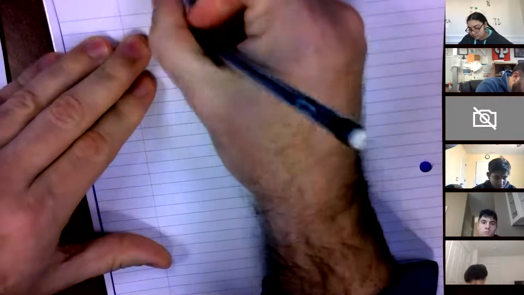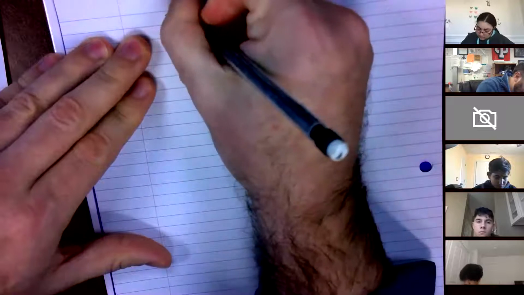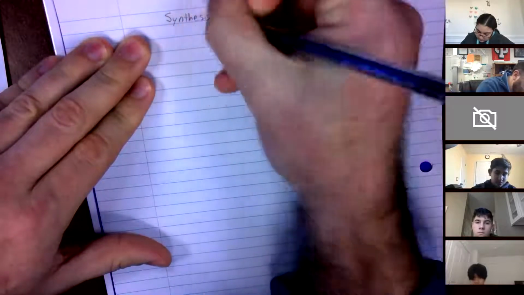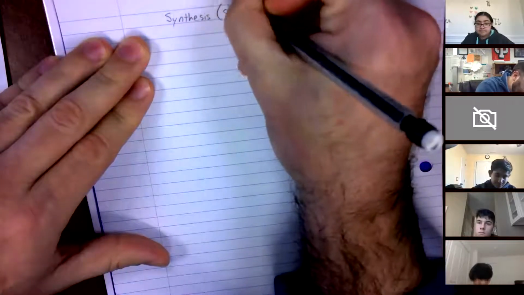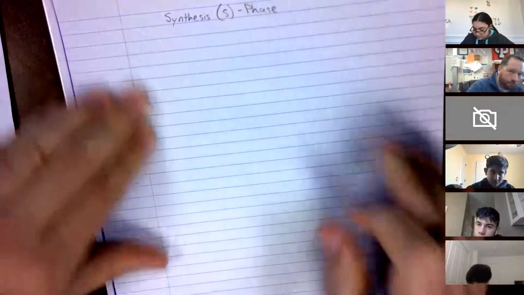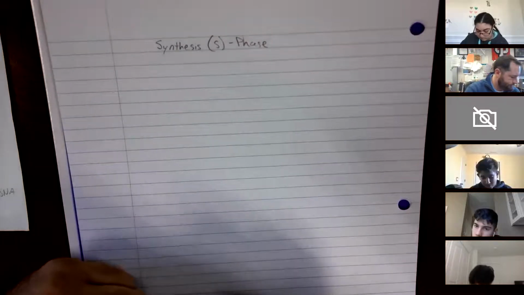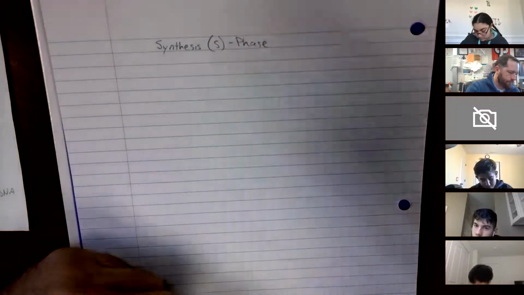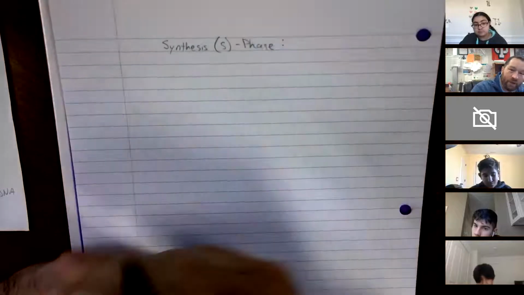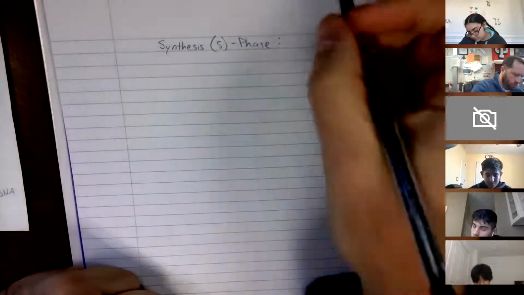All right, G1 phase is followed by synthesis phase, which we usually just call S phase. And as the name kind of implies, synthesis means to make. So what are we making?